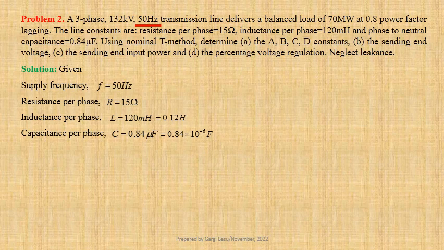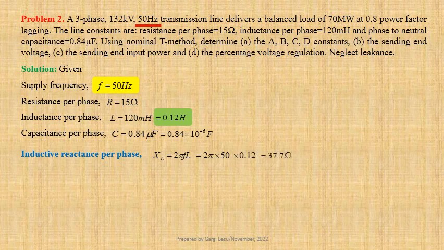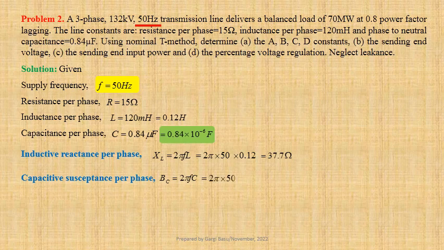Let us now compute inductive reactance per phase XL equals 2 pi f into L. Using values we get 2 pi into 50 into 0.12, that gives us 37.7 ohm, and capacitive susceptance per phase Bc equals 2 pi f into C. Using values we get 2 pi into 50 into 0.84 into 10 to the power minus 6.